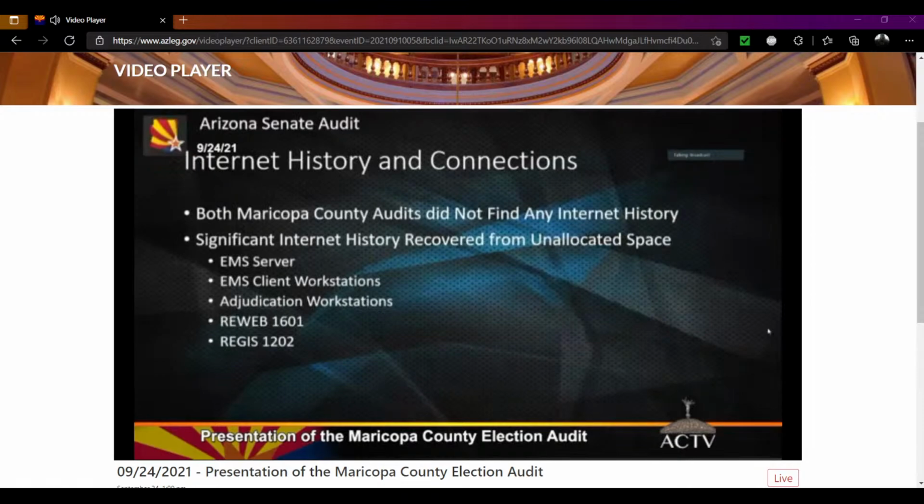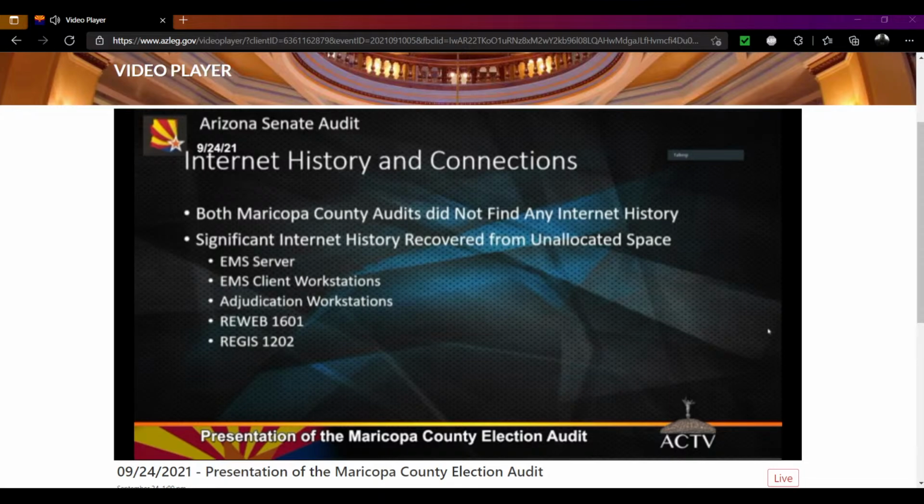Let's talk about internet history and connections. Okay. As you will recall, Maricopa County commissioned 2 independent auditors to come in. Both of those auditors had a finding that there was no internet connection at the time that they conducted the audit. Okay. When I initially did the analysis, I was only searching what is called the allocated space.